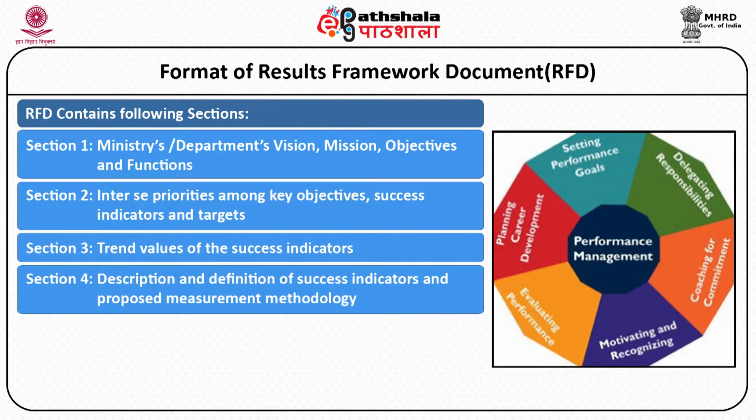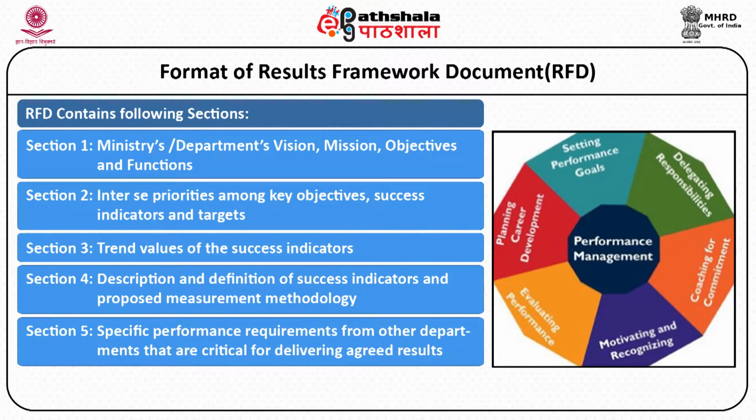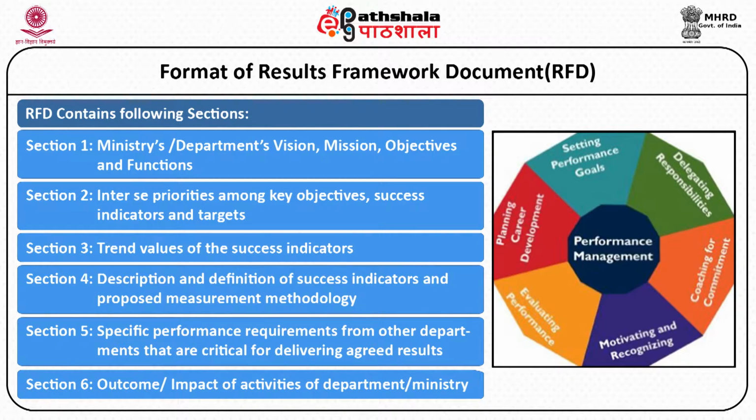Section 5 includes the specific performance requirements from other departments which are critical for the functioning of this department. Section 6 includes the outcome or the impact of services provided by this department.